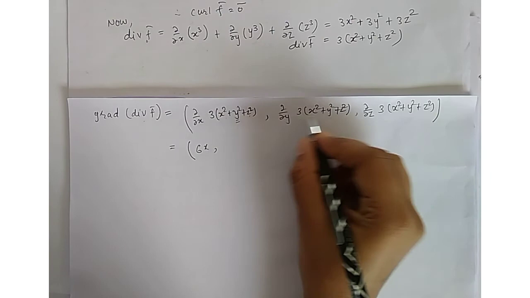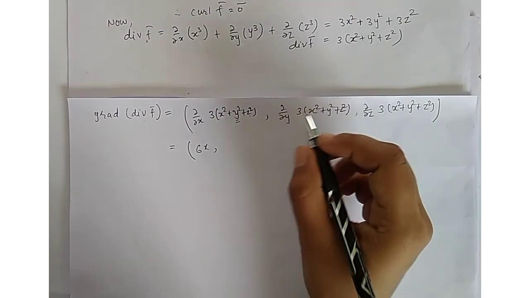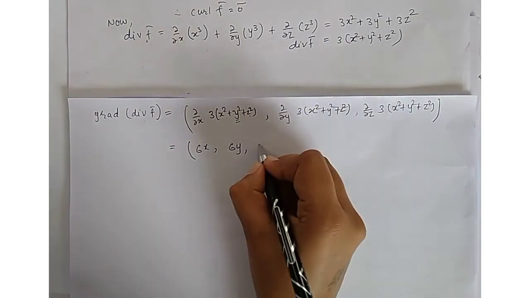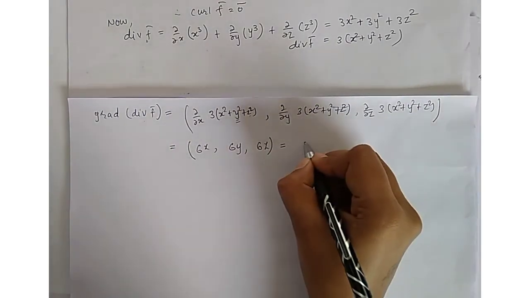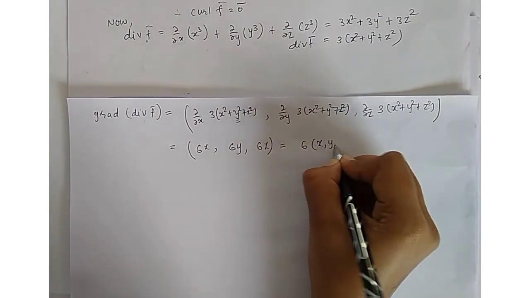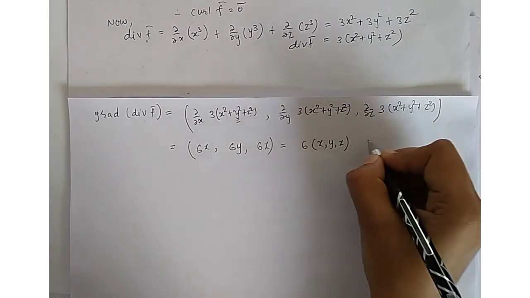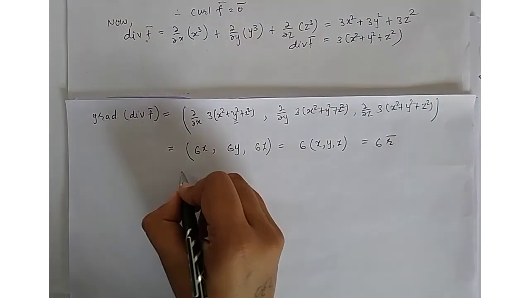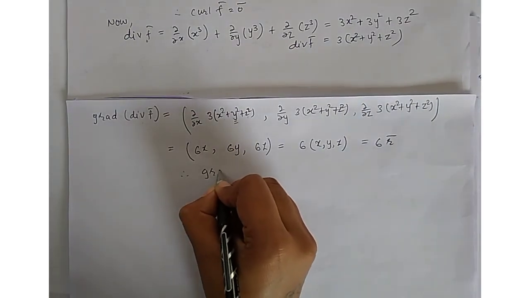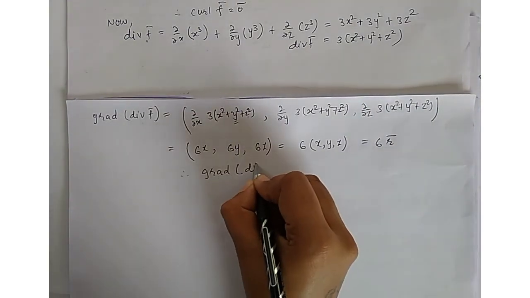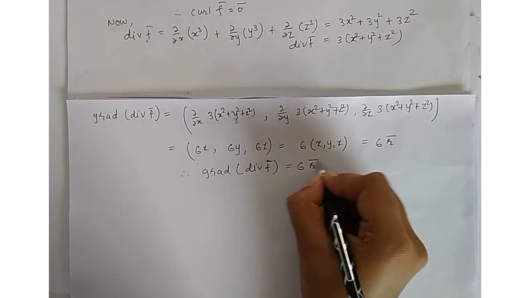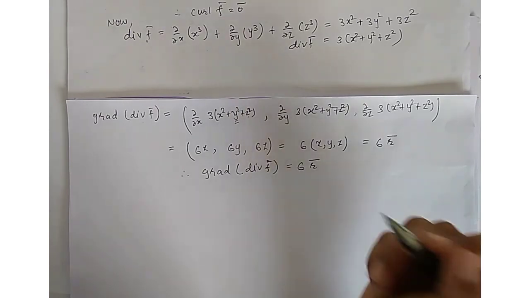And here taking derivative with respect to y, so 3 here and 2, so 6y, and here is 6z. So it is equal to 6 times x, y and z, but x, y, z is equal to r bar, so 6 r bar. So therefore gradient of divergent of f bar is 6 times r bar, hence proved.